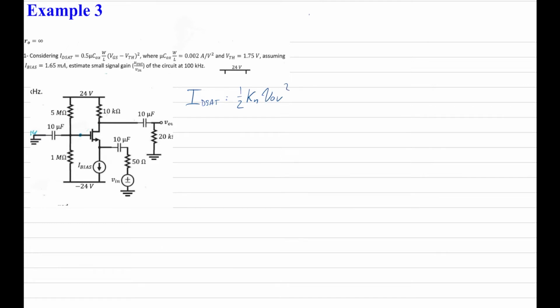And we're told Kn, the MOSFET transconductance parameter, is mu Cox W on L, 0.002 amps per volt squared. So that's going to equal half of 0.002 times VOV, the overdrive voltage, which is the gate source voltage minus the threshold voltage, which we're told is 1.75 volts squared.